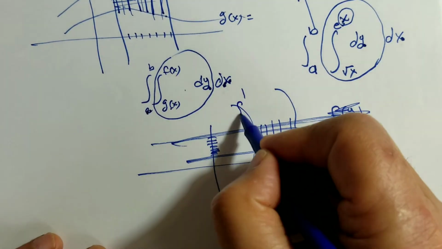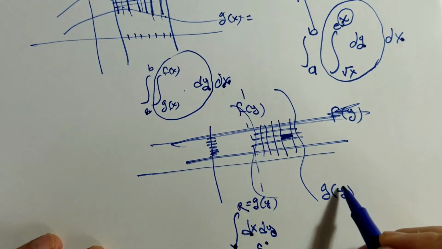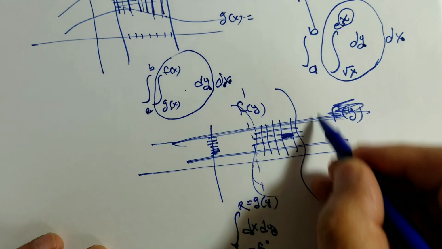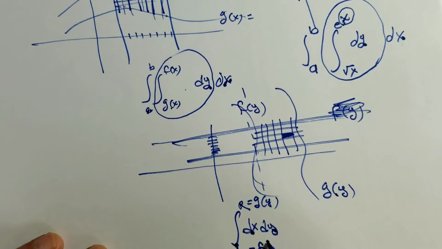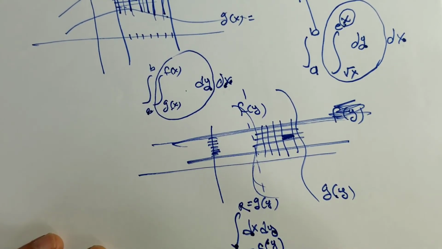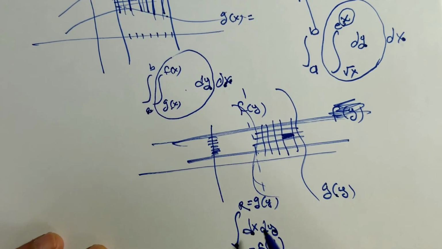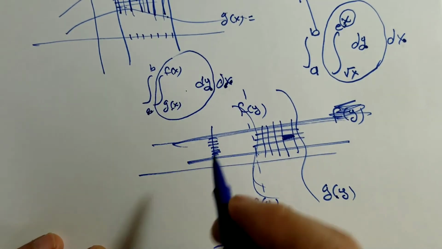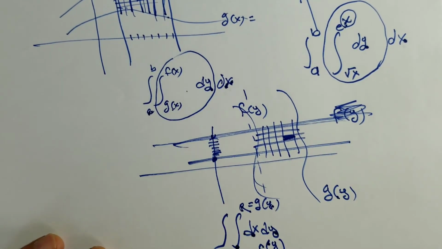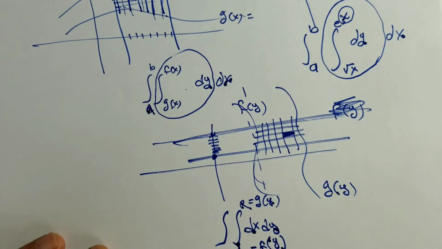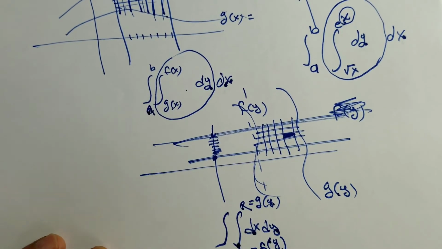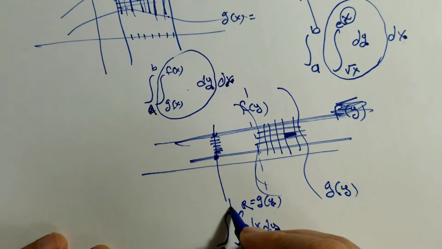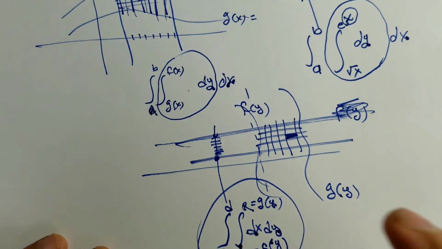This is f of y, this is g of y. The left is f of y. Therefore, whenever you integrate, f of y is your left, g of y is your right, but what is your y from here to here? Should I call it from A to B? No, I assigned A to B to x. In here I call it C to D. And that's how you find the area.